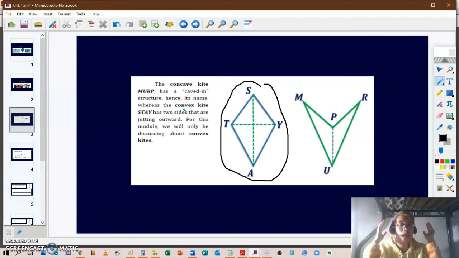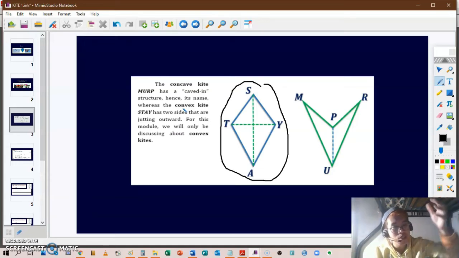That's how you can tell that a kite is convex, if one of its endpoints or vertices is extending or jutting outwards, while the concave kite is caved in. From the word concave, one of the points is not jutting outward, it's caved in.